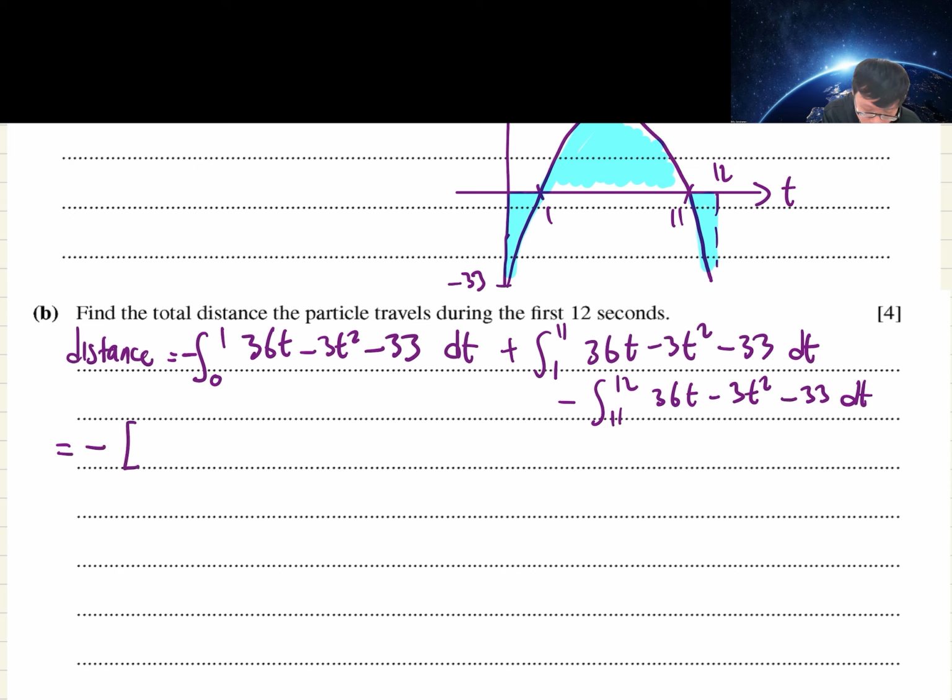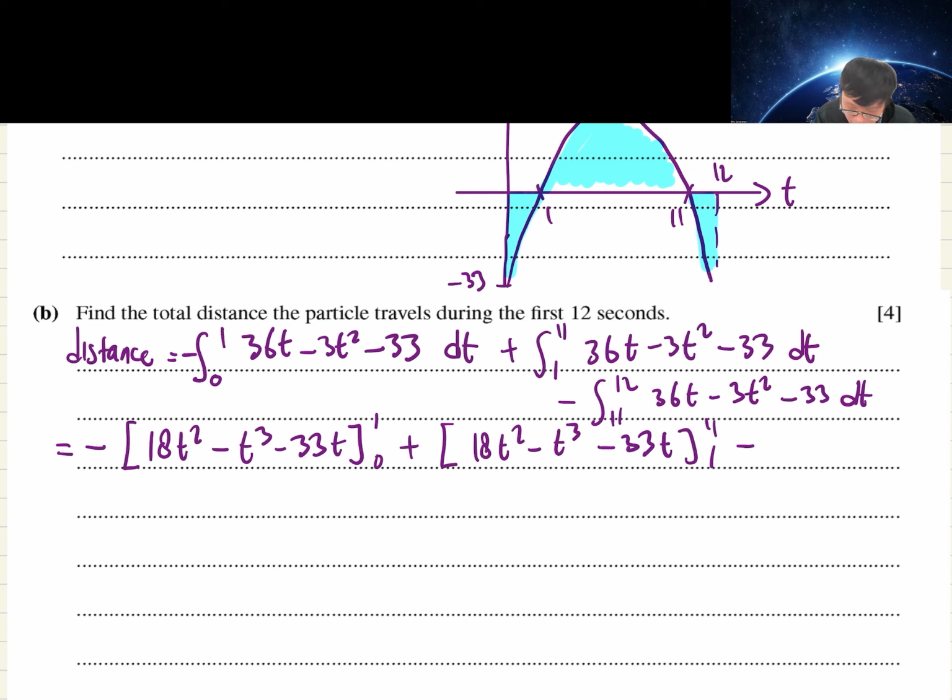Minus, integrate becomes 18t squared minus t cubed minus 33t, from 0 to 1, plus, and then the same result but different boundary, minus this one, sorry, 12 to 11.